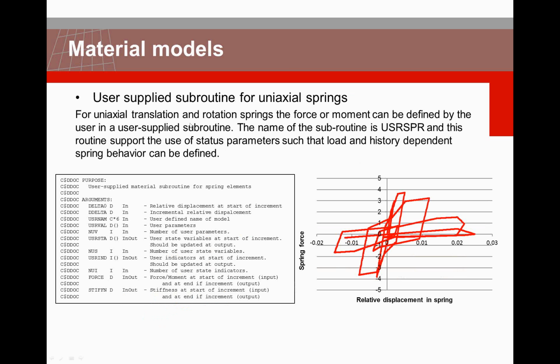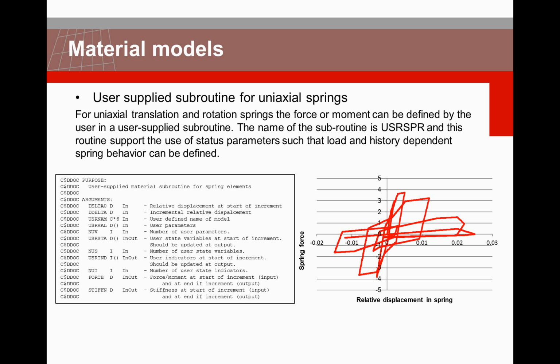A new user-supplied subroutine for uniaxial springs, relatively simple elements, but sometimes we have had requests from users that they want to make rather complex strain history dependent relations or user supplied characteristics for relations between two points in the model.